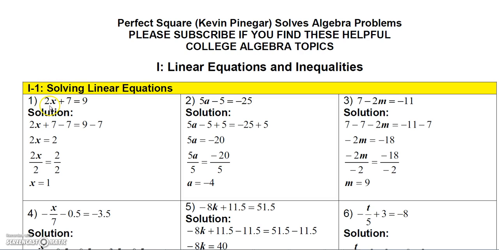So the first one I'm going to start with is pretty simple. You have 2x plus 7 equals 9, and your objective is to isolate the x so that you can get a solution. So what I'm going to do is subtract 7 from both sides. So my first step, I'm going to take 7 away from both sides, and then that will allow these 7's here to cancel, and then subtracting 7 away from the right side, I get 2.